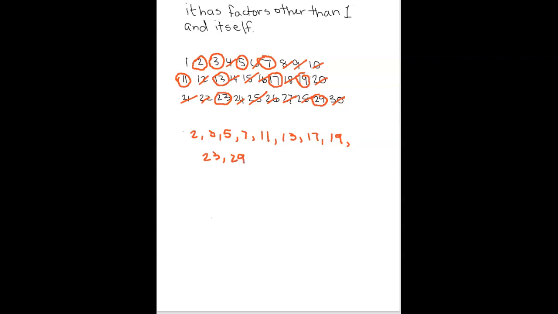These are prime numbers, right out of the gate. We know that already. Let's start breaking these guys down, determine whether or not they're prime, and if they're not prime, we're going to start breaking them down.